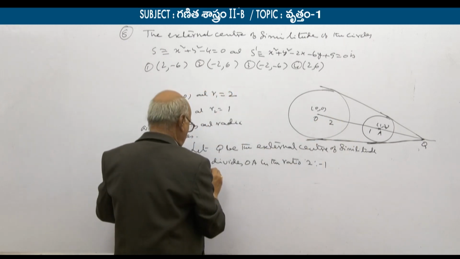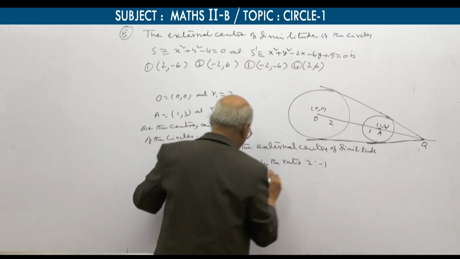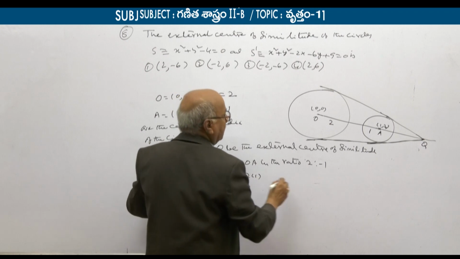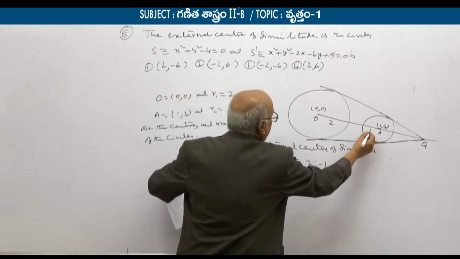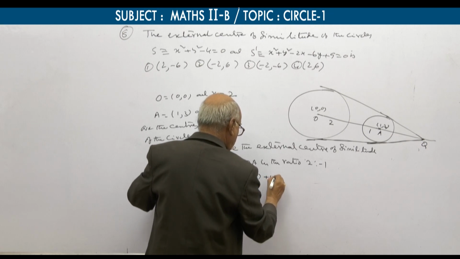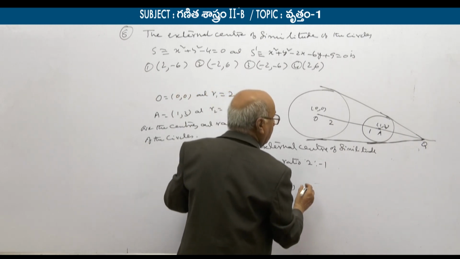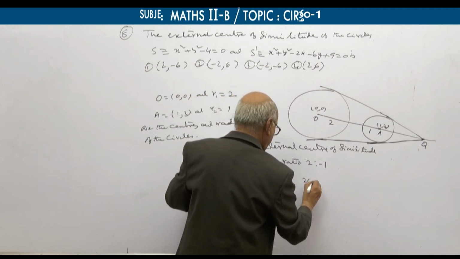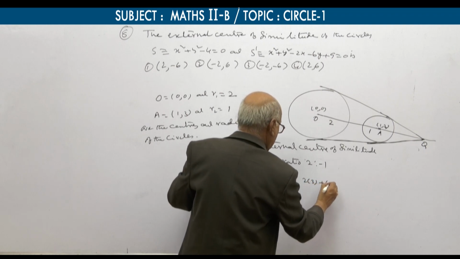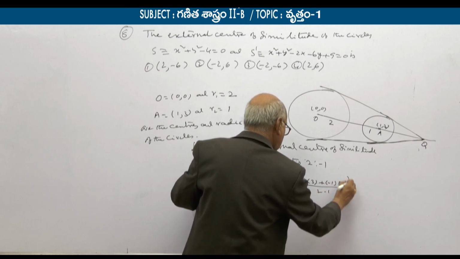Now, so therefore Q is equal to 2 into 1 and minus 1 into 0 plus minus 1 into 0 by 2 minus 1, and 2 into 3 plus minus 1 into 0 by 2 minus 1.